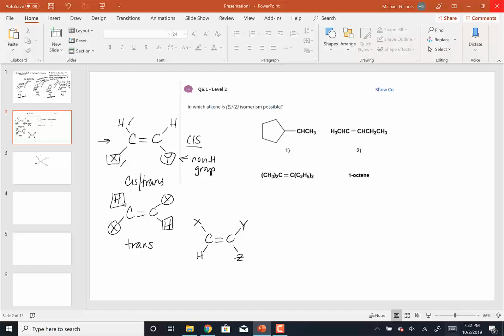Because now I don't have the hydrogens as a point of reference to say it's cis or trans. So this is where IUPAC said, in this situation, we're now going to use E and Z, where E stands for the German word Entgegen, which means across, or something close to that.